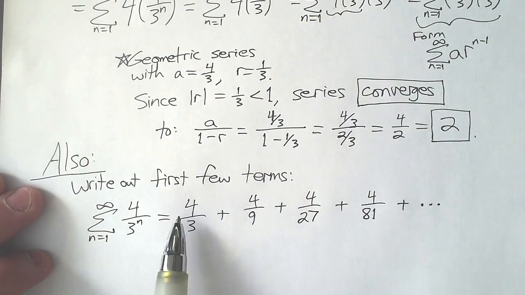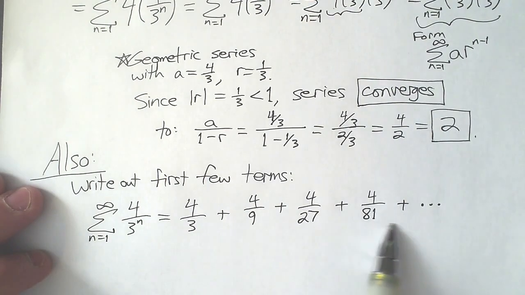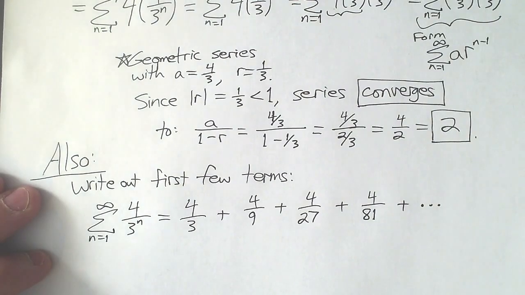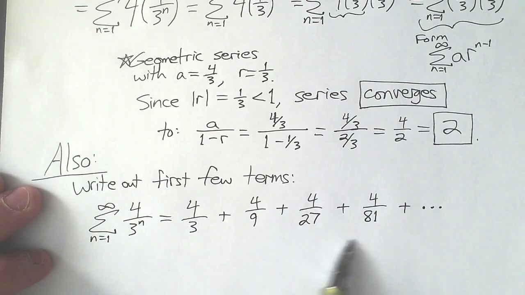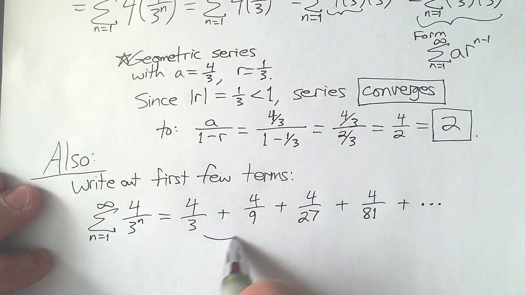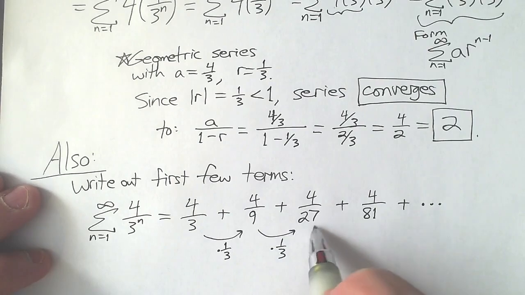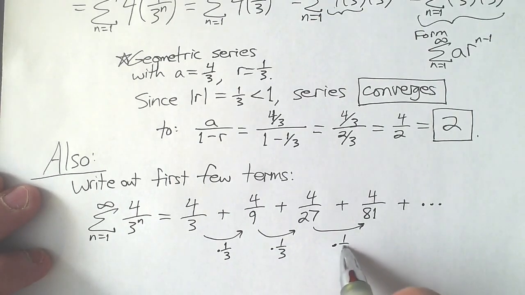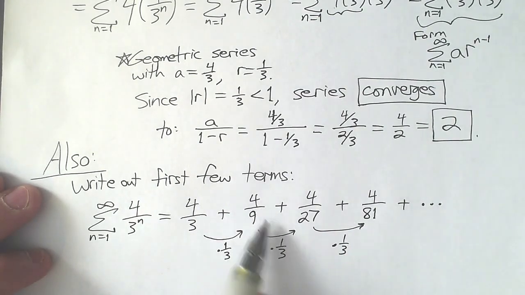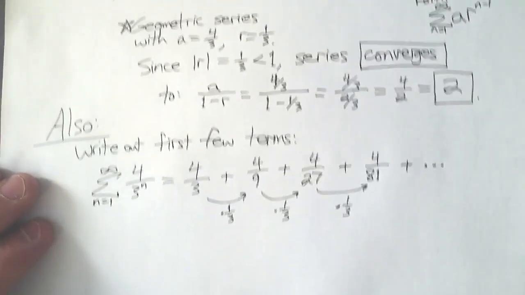By the way, what we found is that if you keep adding these up forever, you get 2. What I wanted to show you is as you go from one term to the next, each one is times 1/3, times 1/3, times 1/3, right? It's the previous term times 1/3 is what gets you to the next one.